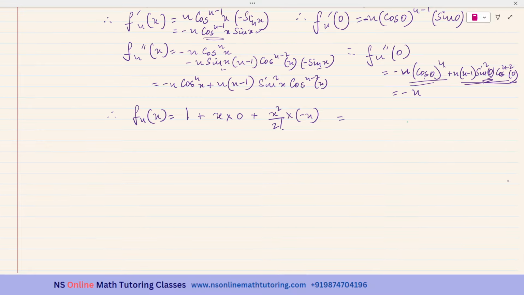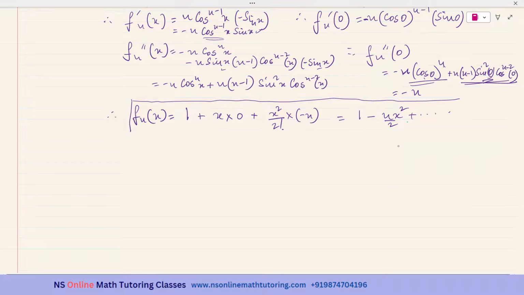This is equal to 1 minus n x square over 2, and plus dot dot dot. So this is the answer for this first subpart of the subpart I.